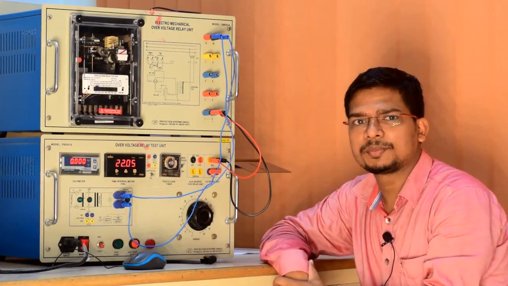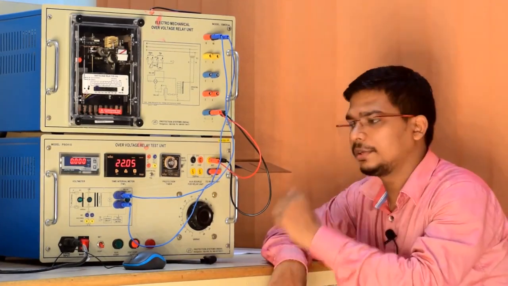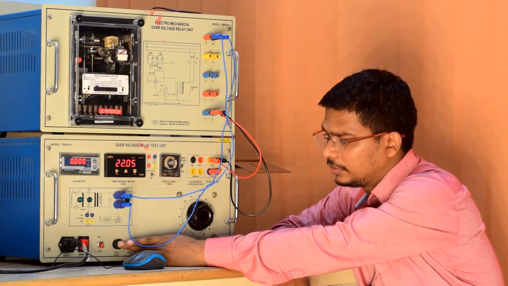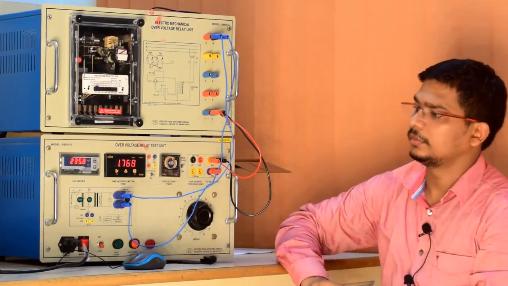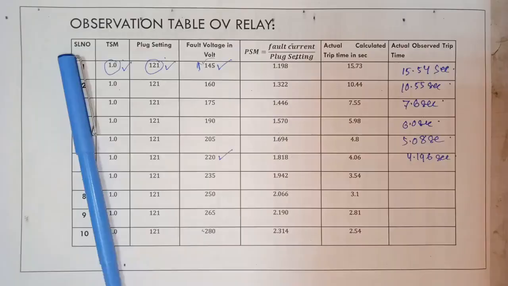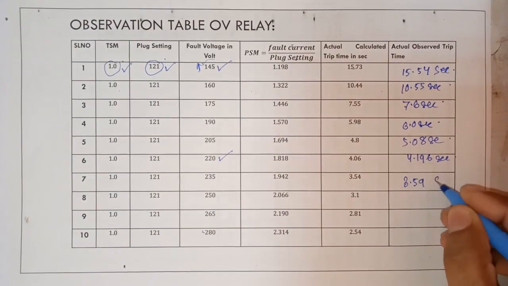This is the resetting time of the relay. So now it is reset. So we have to apply the voltage to 235: 3.59 seconds. Our expectation is 3.54 seconds.